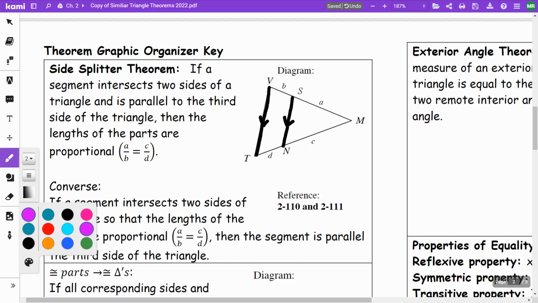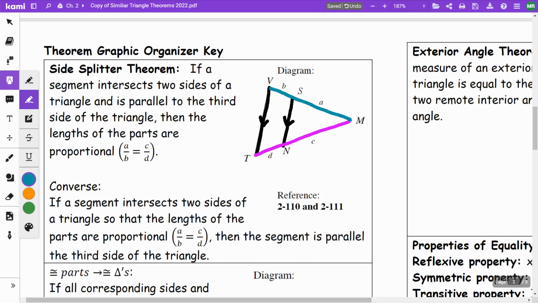The sides that are being split, this side here, that purple side, and this teal side, are each being split into two pieces. So this B and A are making up the two line segment lengths, and over here, this is D and C.